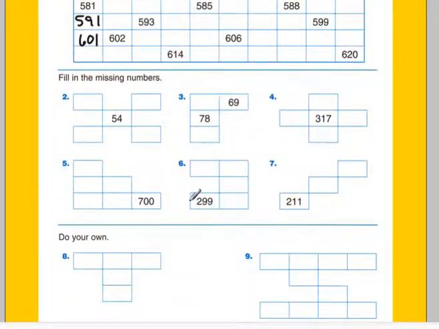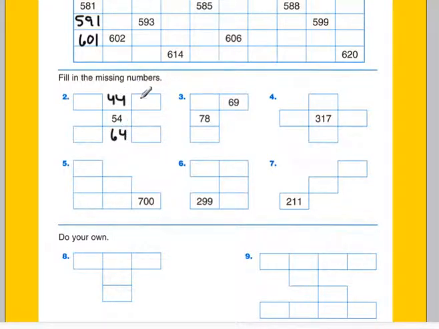All right, I'm going to show you number 2. So 54, I know above it would have to be 10 less, and it's going to have to end in the same number, so it would be 44. And down below, I would have to add 10 more on. It's going to have the same last number, so it's going to be 64.